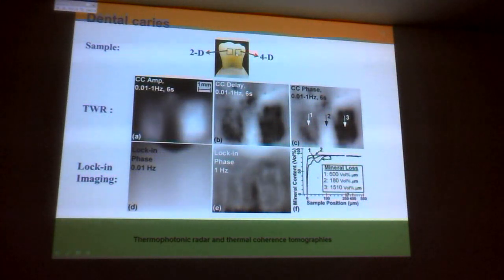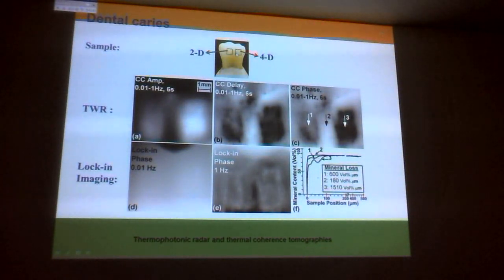The validation of that was done using mineral content, with transverse microradiography. You just make little slices of the tooth, and look at every slice, and you find that number 1 has been demineralized little, number 3 has been demineralized more, and number 2 has not been demineralized at all. So you see the differences when you pick up an image.